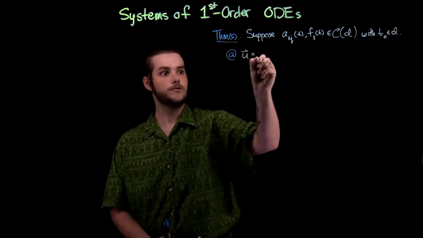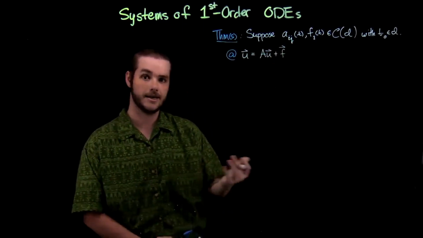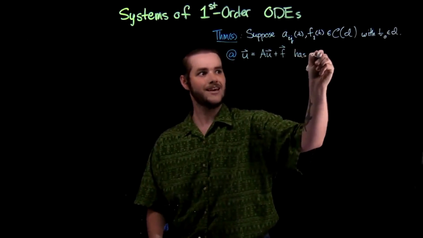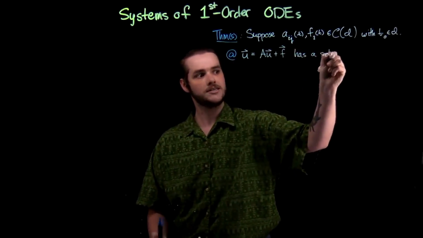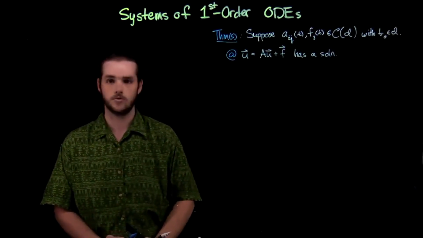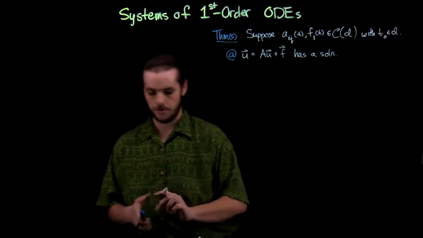So u' equals Au plus f has a solution. Again, this is the first order system of n linear equations. So all linear systems have solutions.